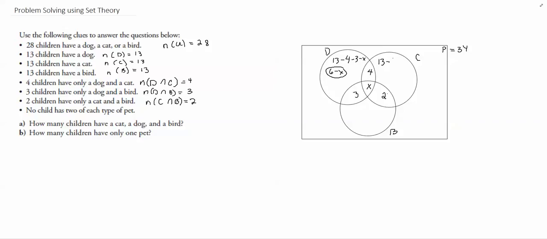We can subtract out 4 and subtract out 2 and subtract out x. That leaves us with 7 minus x children having a cat only. Finally, we have our bird, 13 minus 3 minus 2 minus x, and so that gives us 8 minus x that have a bird only.